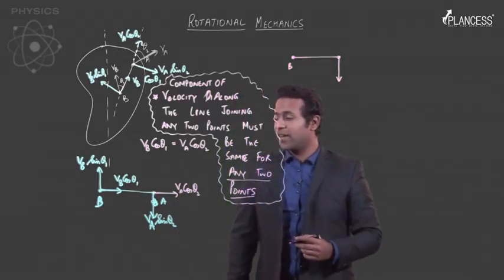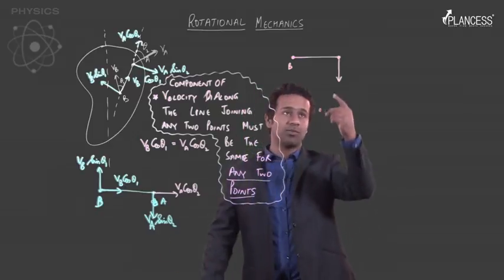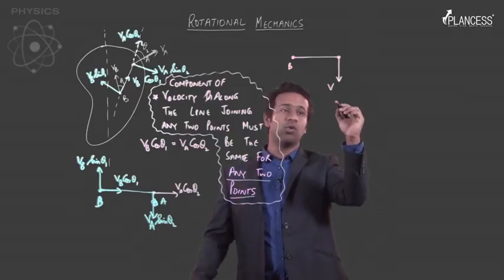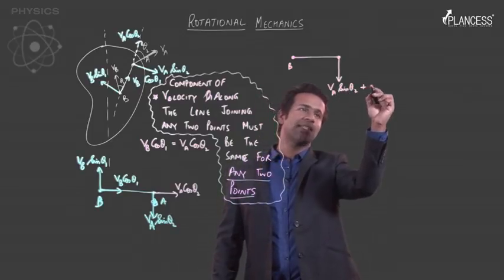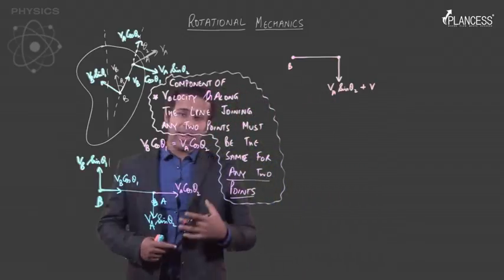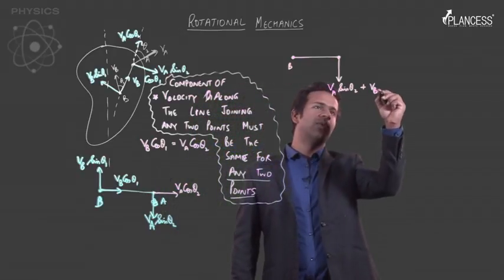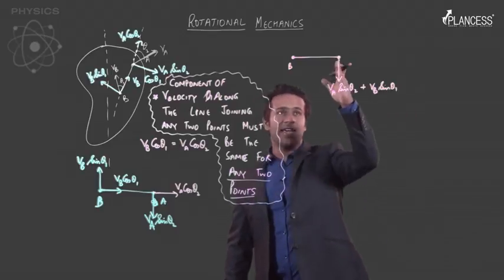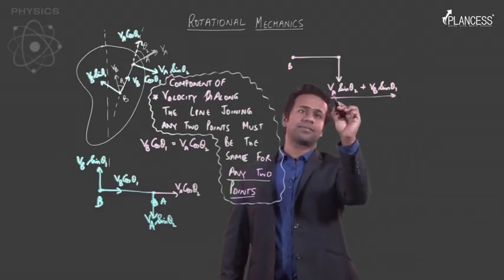The observer on B would see A as moving in this direction with a speed, first of all his own speed, which is VA sine theta 2, plus he'll add his own velocity to A after inverting the sign, so it gets added and becomes VB sine theta 1. So B sees A as moving in this direction with this given velocity.